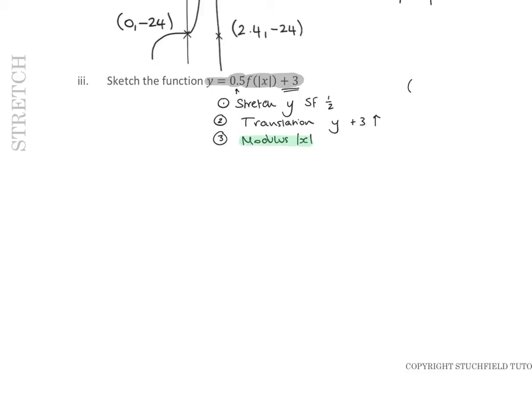So thinking about my coordinates again, 0, 0, 2, minus 64, 2, 40. So number 1 changes the y, scale factor of 1/2. Zero stays 0. Number 2, the y coordinates plus 3.